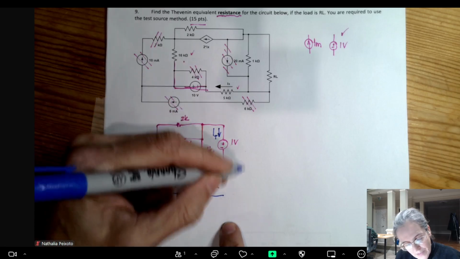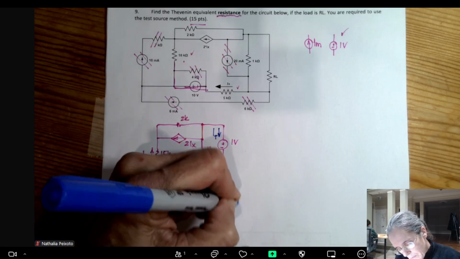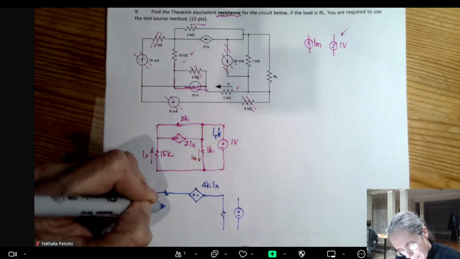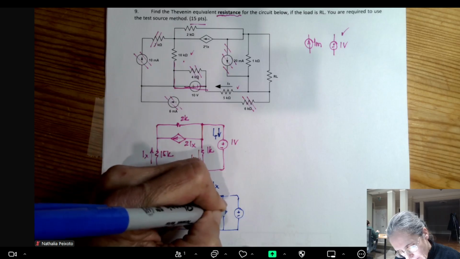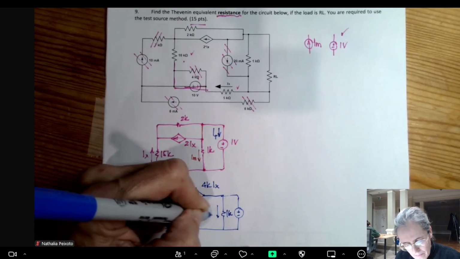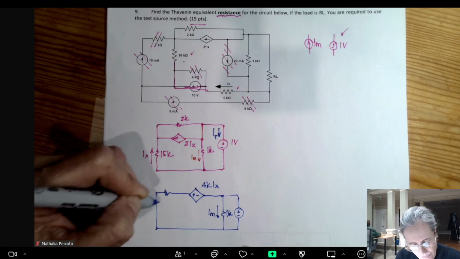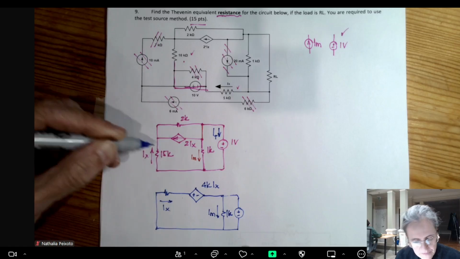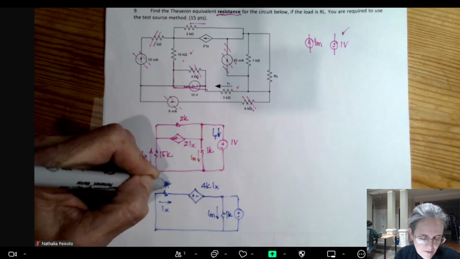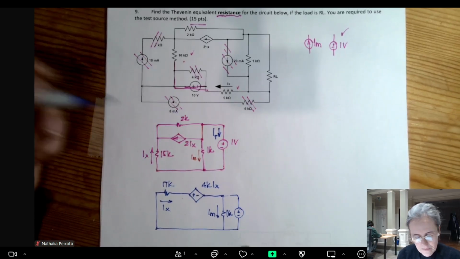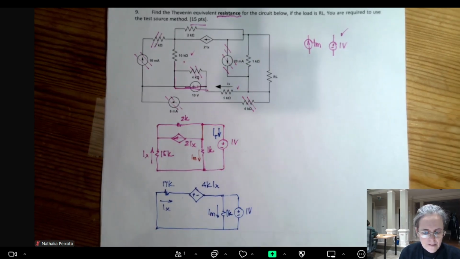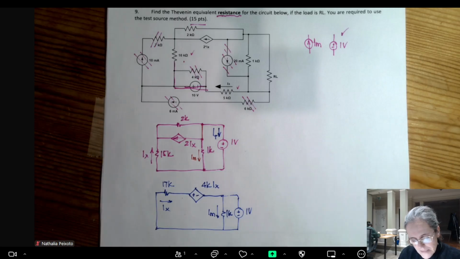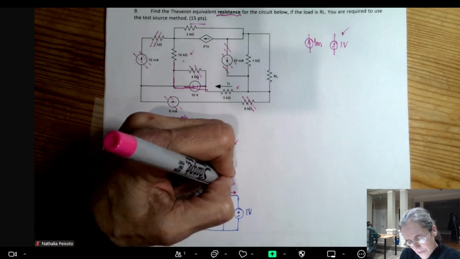And this one I'm going to leave. I cannot source transform this one. And now instead of 15K, I'm going to call this 17K. I'm adding, these two end up in series. So now I am still interested in finding the current IT, the test source current here.